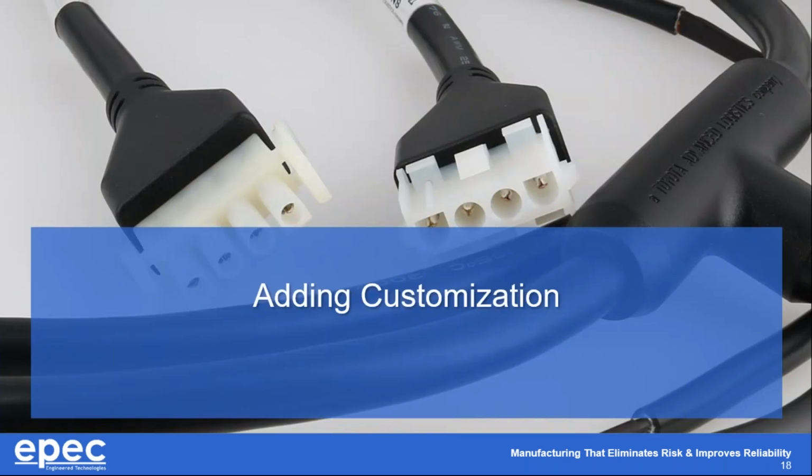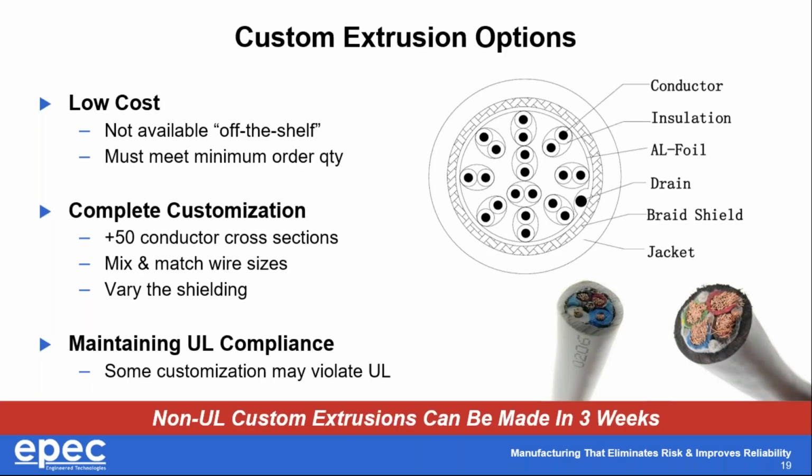Next, we'll be discussing ways to customize your build. It's important to note that when going to market with a new design, care is taken to make sure that it's manufacturable. And what we mean is that putting together a wire bundle with several dozen twisted pairs is no problem.